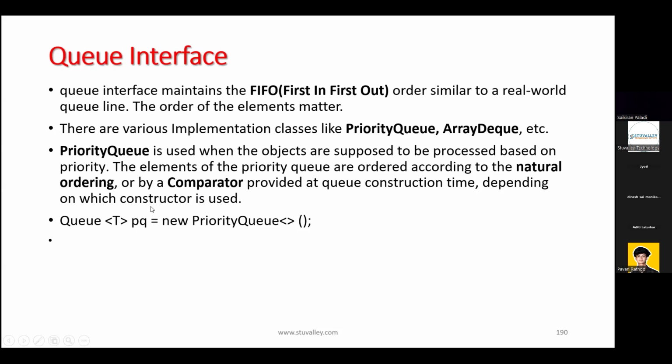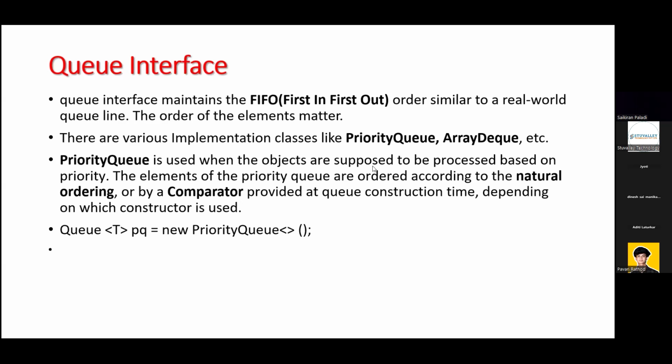Otherwise, the data will be stored in natural ordering, depending on which constructor is used. So this is the queue interface. First we will see how to create the PriorityQueue reference.